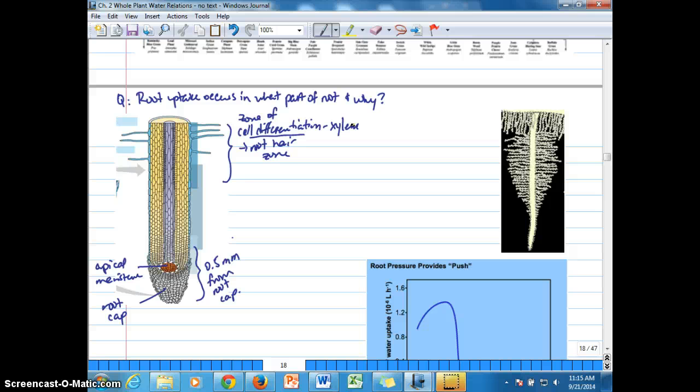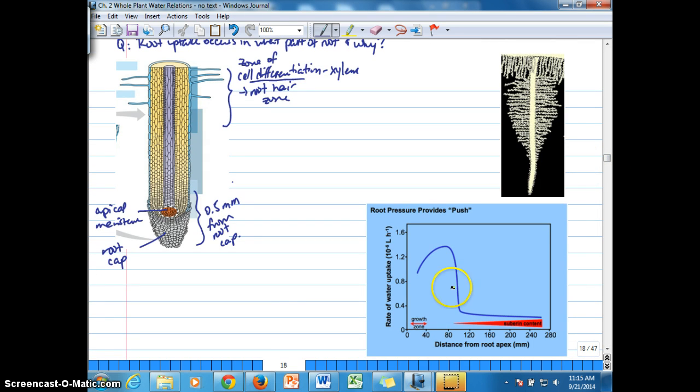So let's take a look, before we look at root hairs here, at why uptake is taking place in this region, because if we look more basal to that region over here in the graph on the right hand lower corner, that distance from the root apex, which is where the root cap is, uptake increases along the way here, and then we see this precipitous drop.